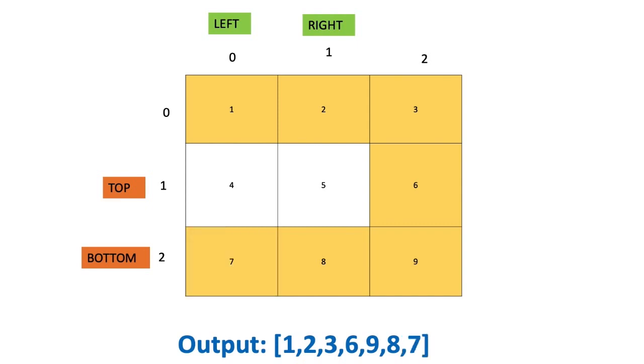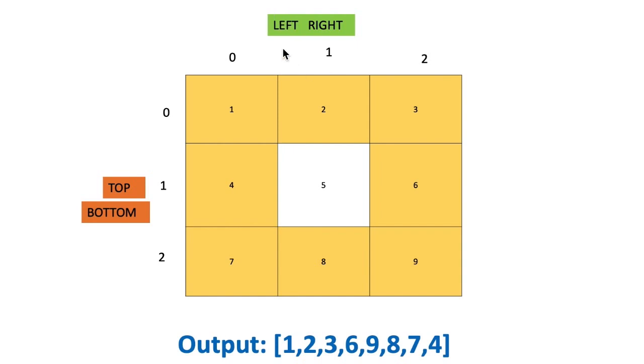Once we reach the element 7, we will move the bottom pointer to the previous row. Now we will check if the left pointer is less than or equal to the right pointer. That means that we still have more elements to traverse. So we will traverse up. We will traverse to the element 4 and we will increment the left pointer.